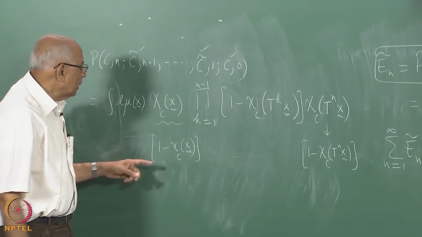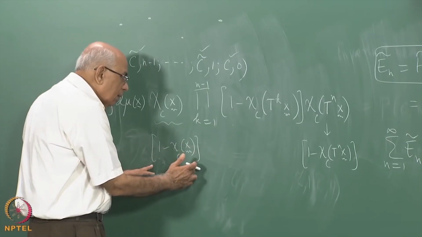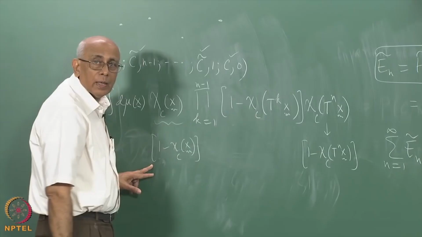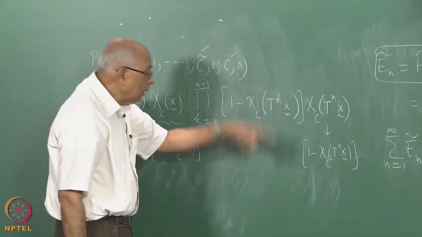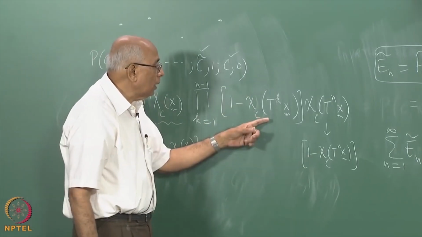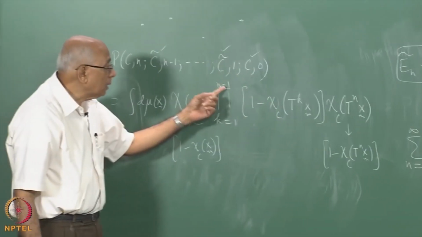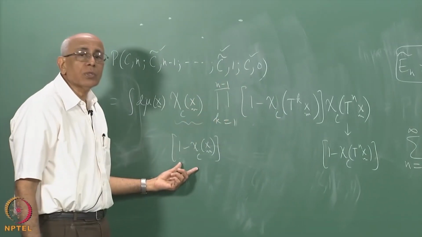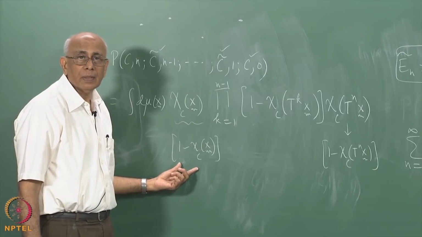What happens is simple. If you took this product, then it says at time 0 you are in the complement, time 1 you are in the complement, time n minus 1 you are in the complement, time n also you are in the complement here.